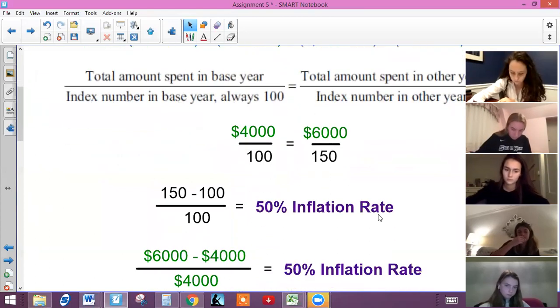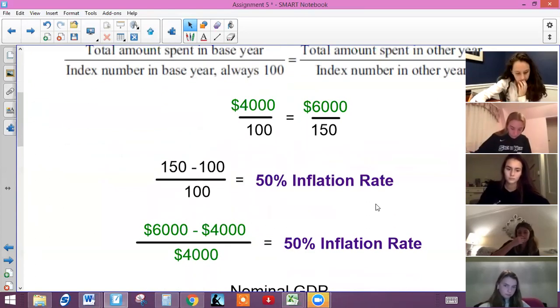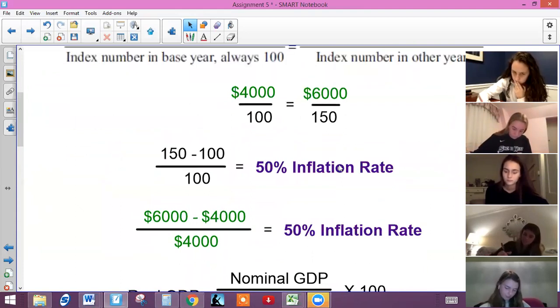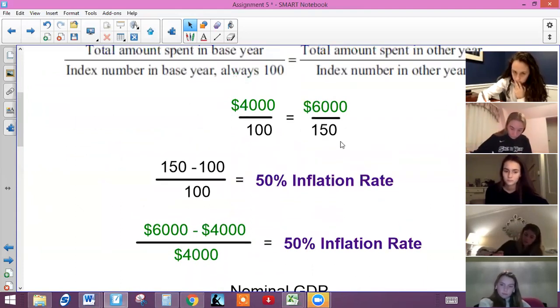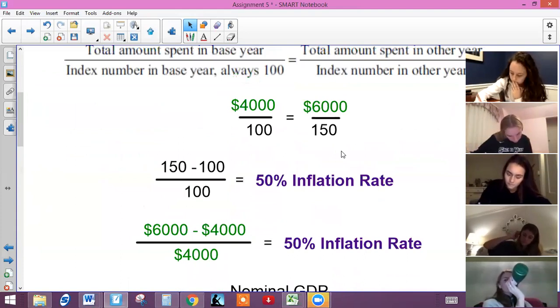Then we can either figure out the percentage change in the two different GDPs from one year to the next, or we can figure out the percentage change in the two different GDP deflators or price index numbers, which are the same thing.